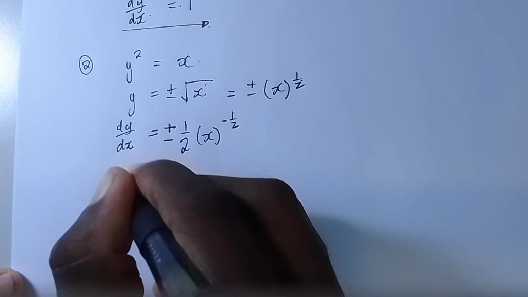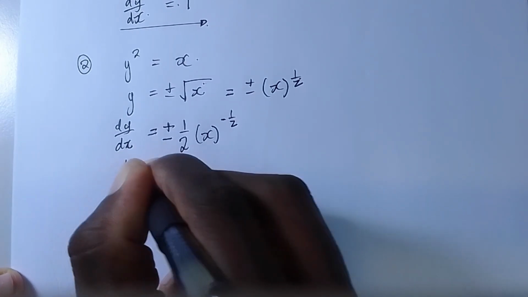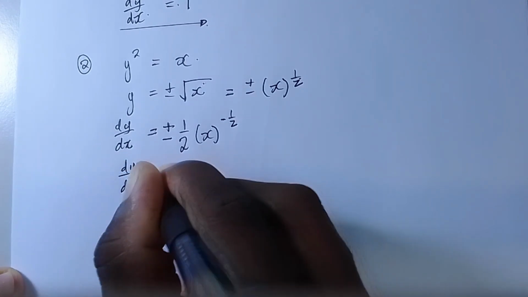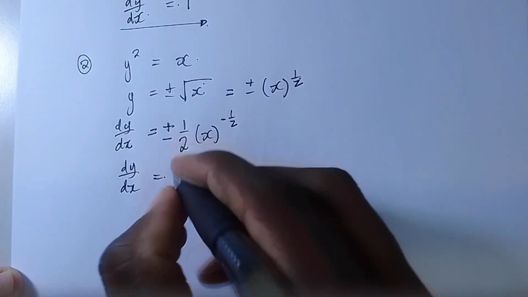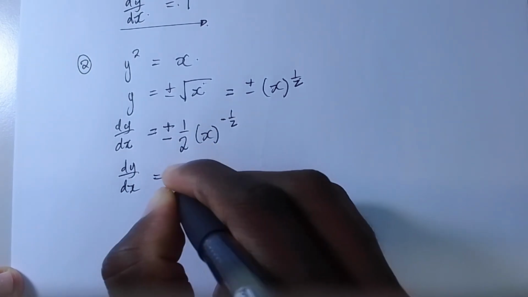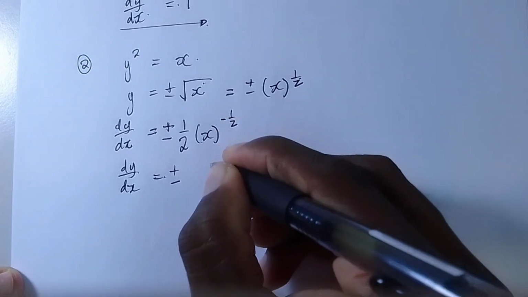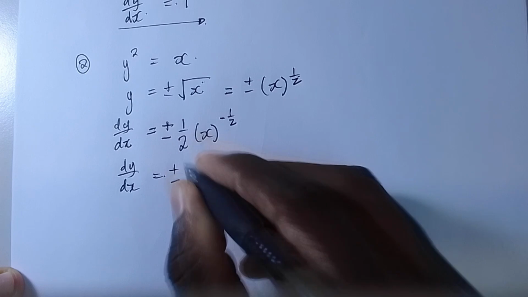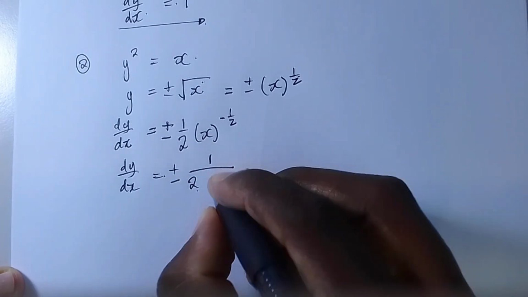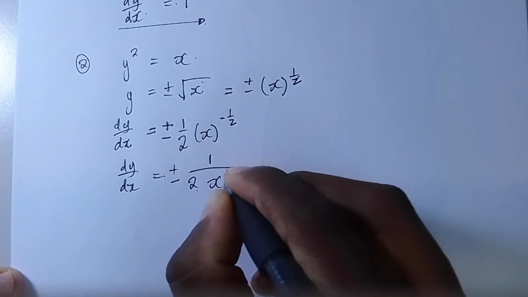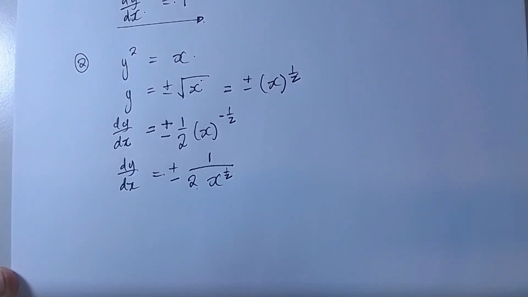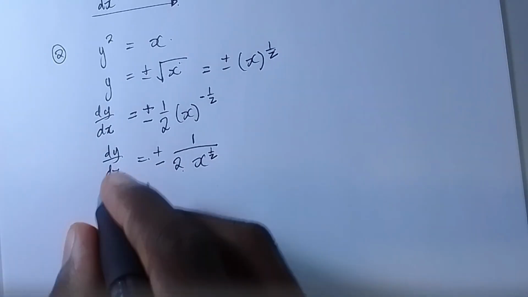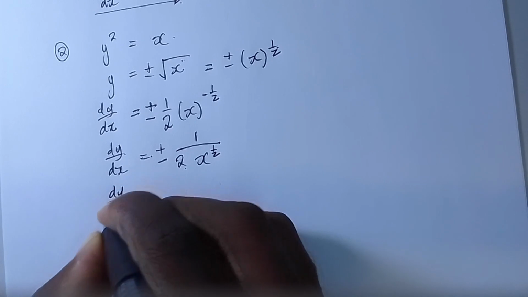Now I have the derivative of y with respect to x as plus or minus 1 over 2, times x to the power of negative 1 over 2. Okay, there's something I'm going to do here, dy/dx.